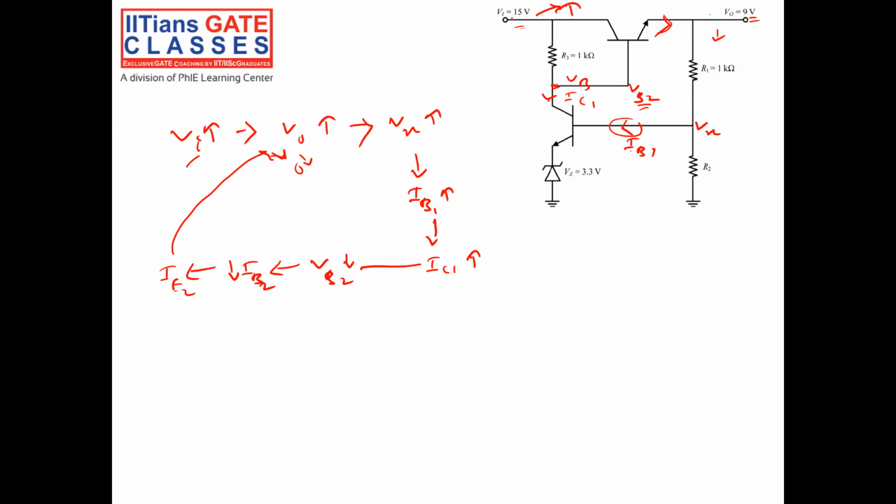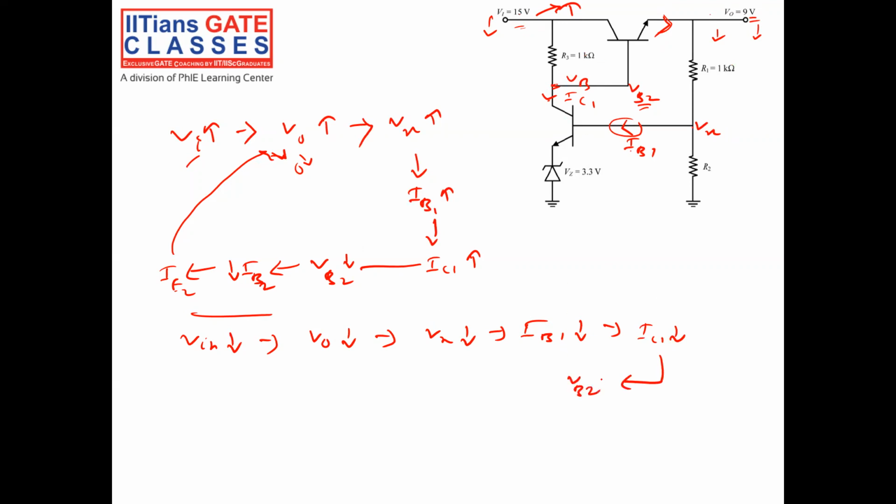Suppose my Vin decreases. What will happen? V0 will decrease. Then Vx will decrease. Then IB1 will decrease. Then IC1 will decrease. Then VB2 will decrease.